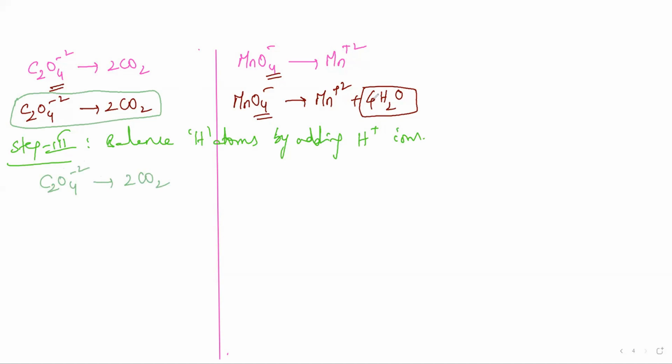Here, 4 into 2. Can you see? 4 into 2, total 8 hydrogens are there. Here 8 hydrogens. But here, no hydrogens. So how many H plus ions should be added? 8 H plus ions should be added here. Done.